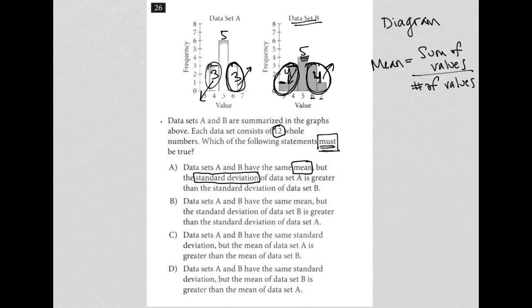So that would mean that choice A, which says data set A has a greater standard deviation, is wrong. But choice B, that says, yep, data sets A and B have the same mean, which we already confirmed, but the standard deviation of data set B is greater than the standard deviation of data set A, that will be the correct answer.